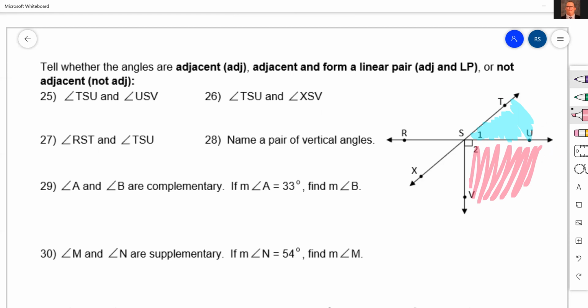Do they touch? Yeah. They touch. So they're at least adjacent, but do they make a line? Does this piece make a line? No. So this one is just adjacent. That's it.